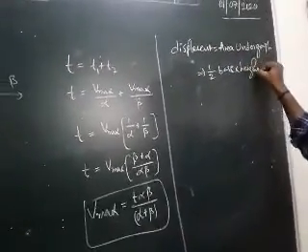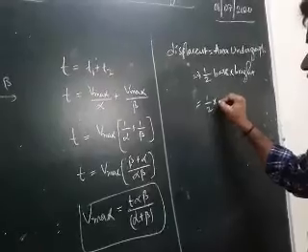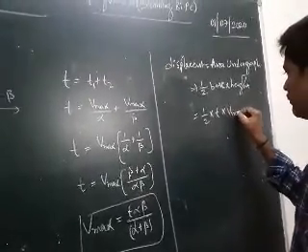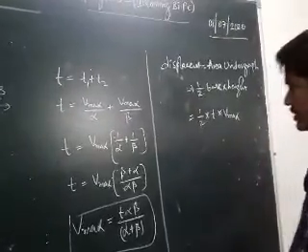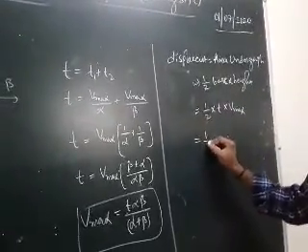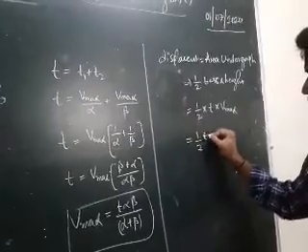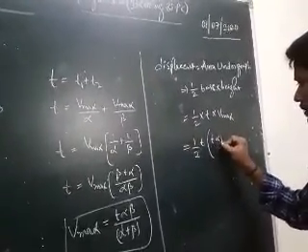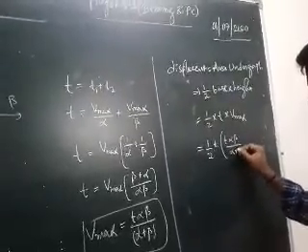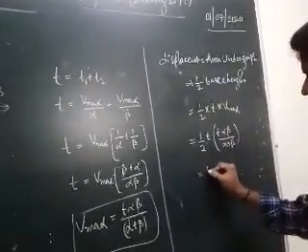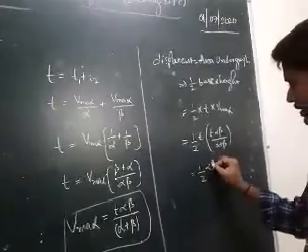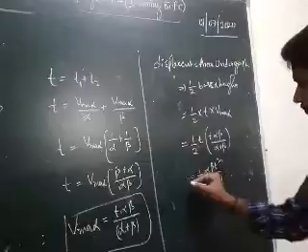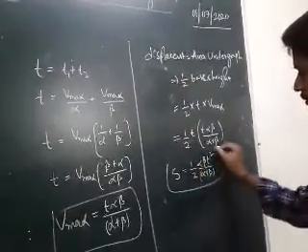Base is the time T and height is the maximum velocity, which is T alpha beta divided by alpha plus beta. Therefore displacement is 1 by 2 alpha beta T square divided by alpha plus beta. This is the total displacement covered.